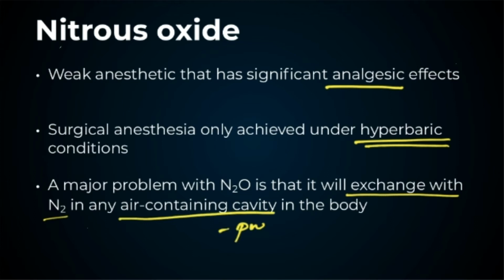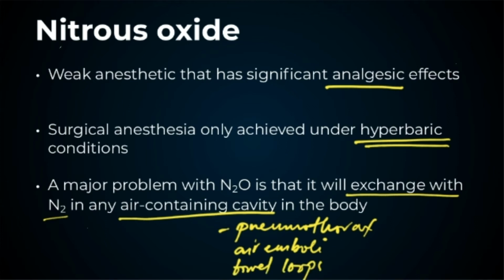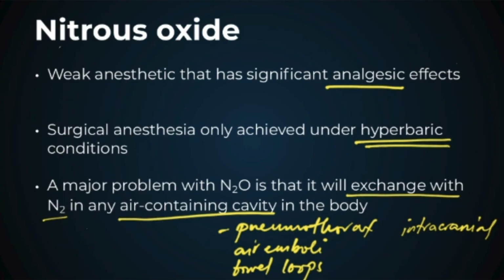For example, a patient has a pneumothorax or an obstruction in the middle ear or an air embolus, or a loop of bowel that is obstructed, or even intracranial air. These are examples of air collections that can be expanded by nitrous oxide. So the use of nitrous oxide should be avoided in these clinical settings.